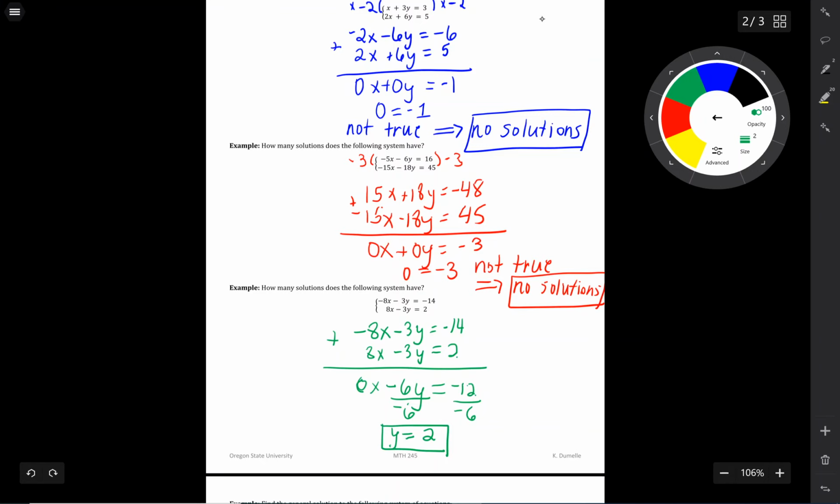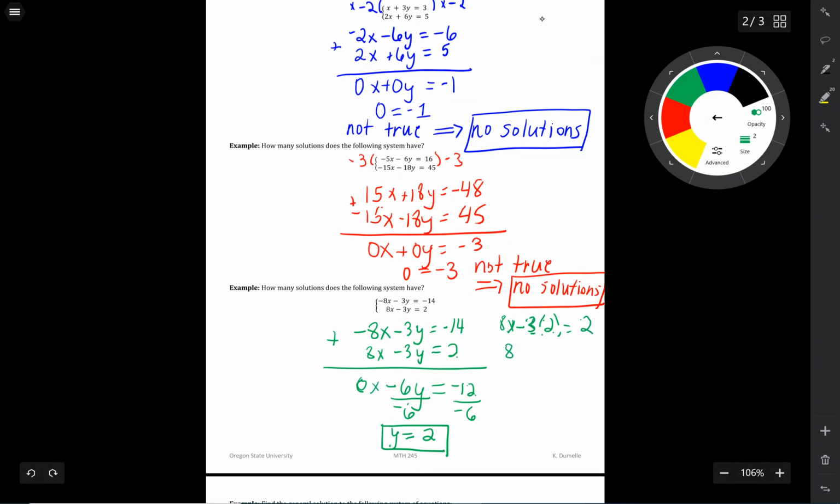But this is only half of my solution. To solve for x, I need to plug this y value into either one of my original equations, and then I can solve for x. So that's what I'm going to do. I'm going to plug this y value into the second equation. So I get 8x minus 3 times our y value, which is 2, equals 2.